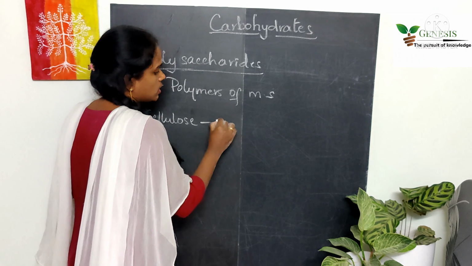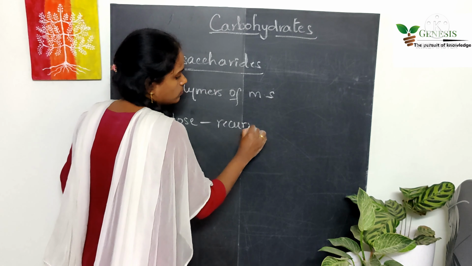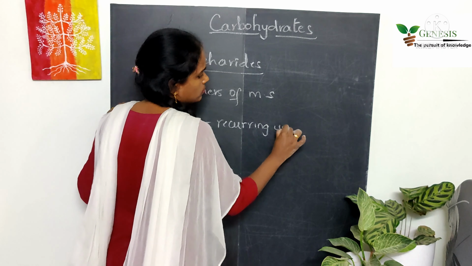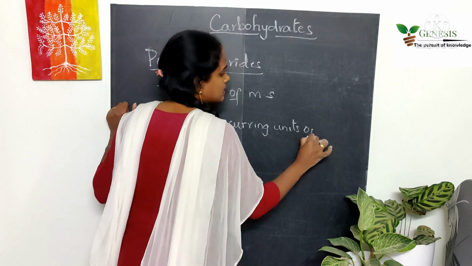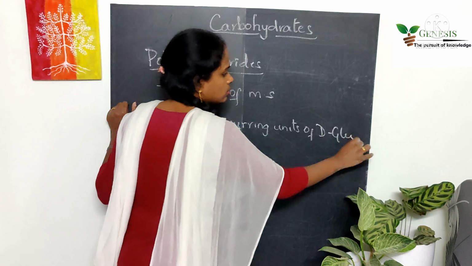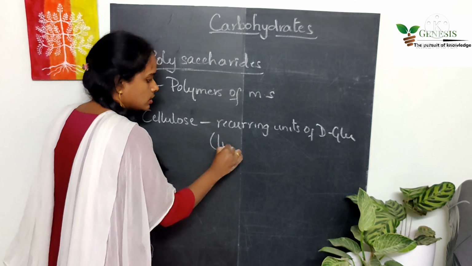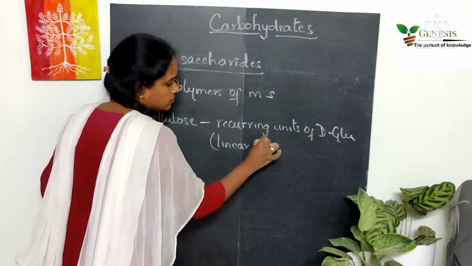Cellulose contains the recurring units of D-glucose, but here it is a linear chain.